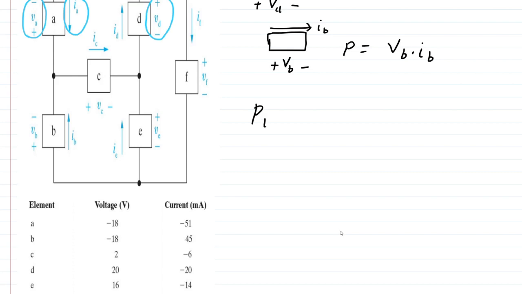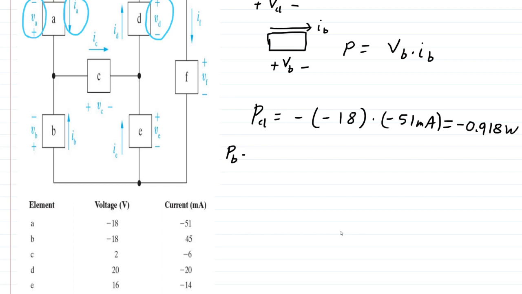So power A is going to be negative 18 volts times negative 51 milliamps, which will equal negative 0.918 watts.